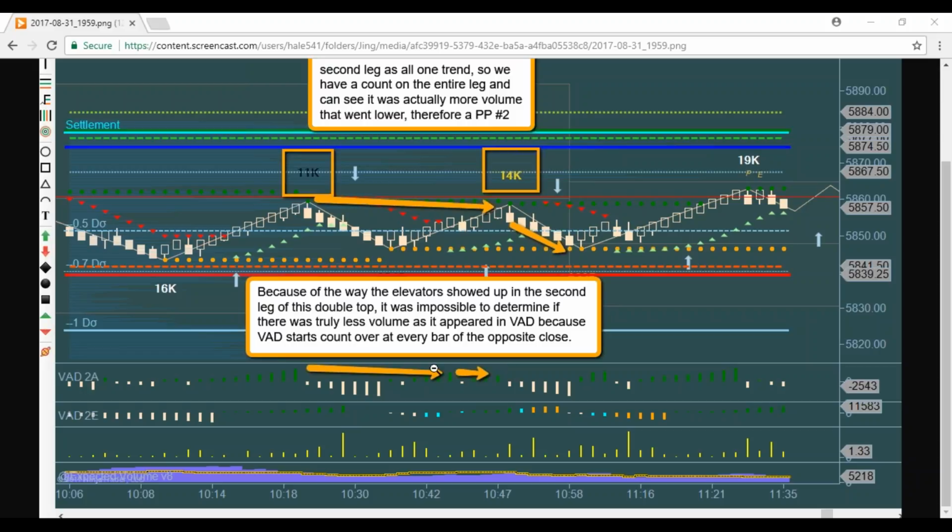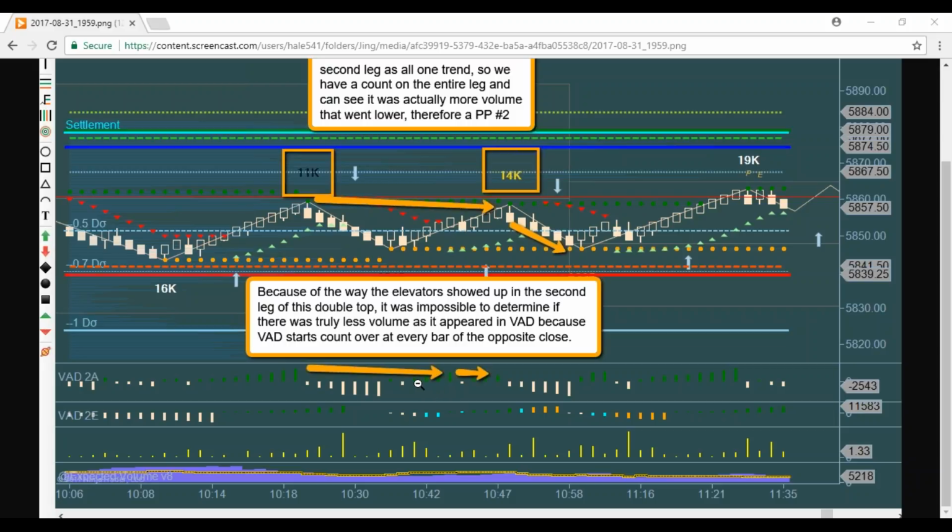Who can tell me? For a number 2 setup, it cannot go as high, but it has to have more volume. And did it have more volume? No. See a lot of VAD right here, and then less VAD. So you would not have taken that trade on VAD, would you?